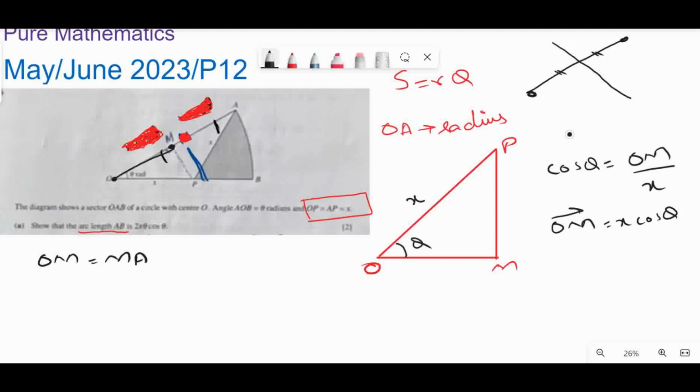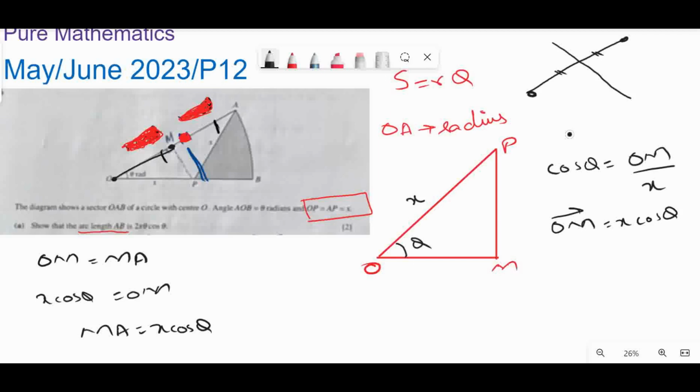Now if OM is X cos theta, then MA will also be equal to X cos theta, and we are interested in the radius.